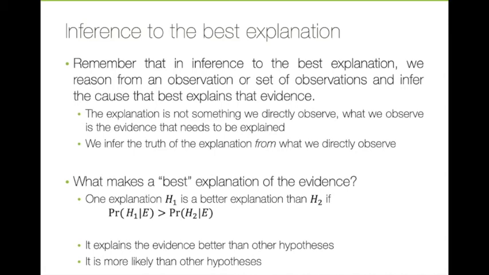There are two main ways we're going to consider about what it takes to make a better explanation. First, we want an explanation that explains the evidence better than the other hypotheses, and we want an explanation that is more likely than other hypotheses. We're going to look at what each of those correspond to in terms of Bayes' theorem and how they affect the conditional probability of H given E.